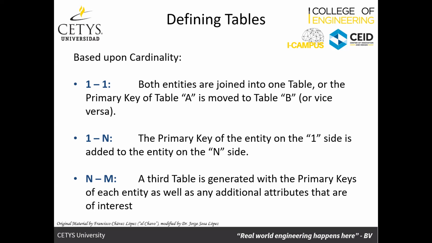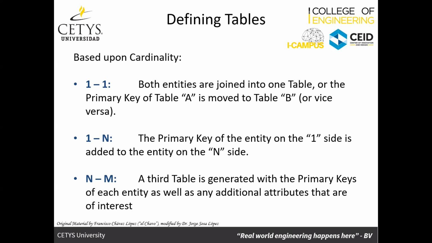So again, a one-to-n relationship, I'm just going to grab the primary key of the one and put it on the n side. The ones that are a bit of a headache are the n-to-m. In an n-to-m relationship, I need to create a new table. A many-to-many relationship requires a new table where I basically grab the primary keys of the other two tables or entities and join them as a new primary key, or what's called a composite primary key, in the new table that's generated.